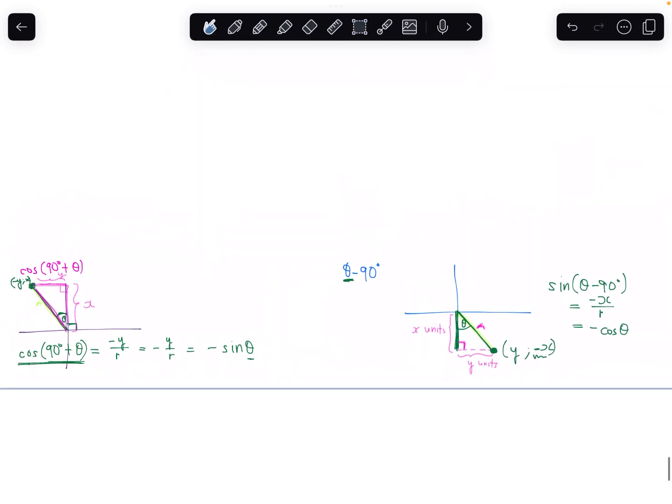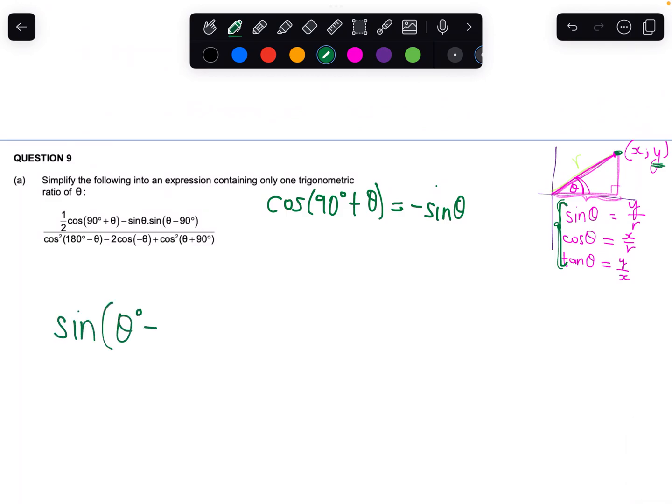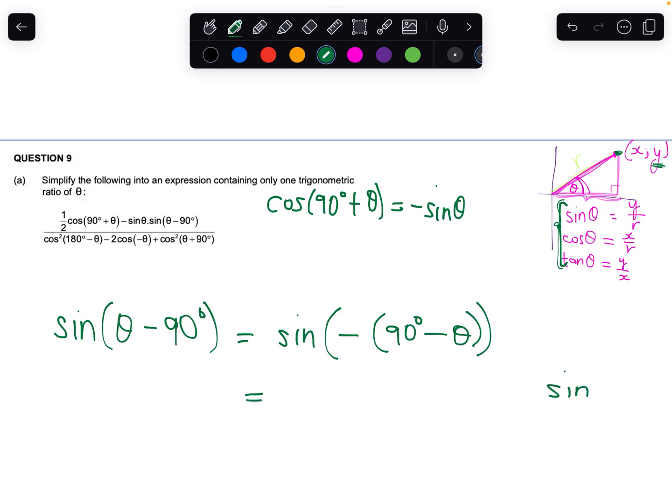Right, so another way that you would go about this is, okay, you would say sine of theta minus 90. But we know the reduction rules for 90 minus theta, so we would factor out a negative, which would result in a switcher rule. Okay, and then we know that sine of negative a is equal to negative sine a, right?